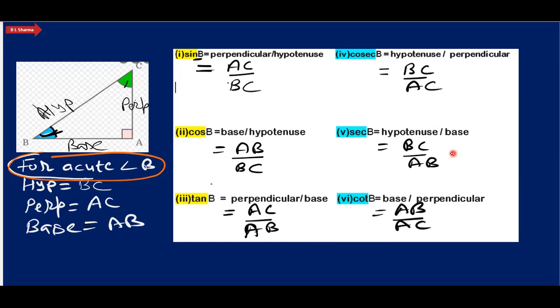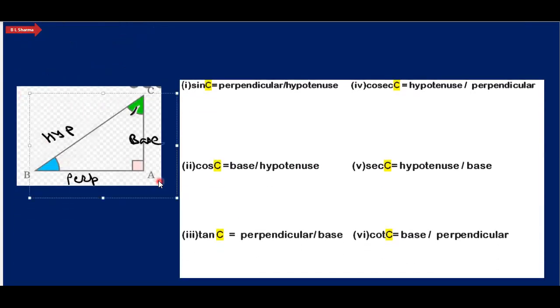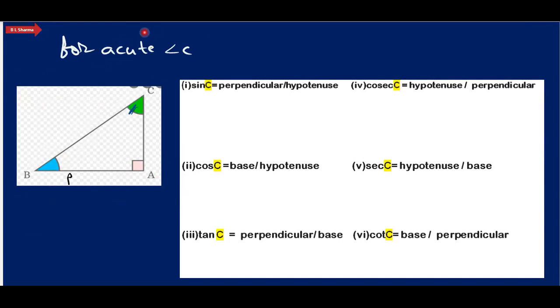What happens, students, if I now consider acute angle C? We considered acute angle B here. If we consider acute angle C, what relations will be established? First we have to identify the hypotenuse. BC is the hypotenuse, the side opposite 90 degrees. Then we identify the perpendicular, the side just opposite to the angle under consideration. For acute angle C, the opposite side is AB.